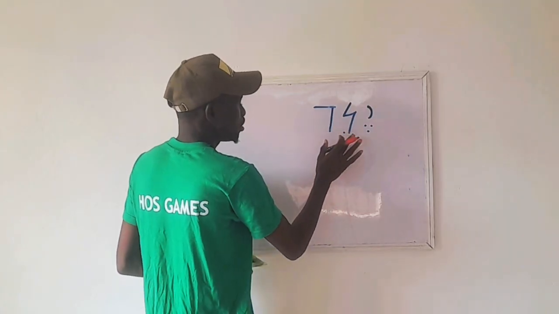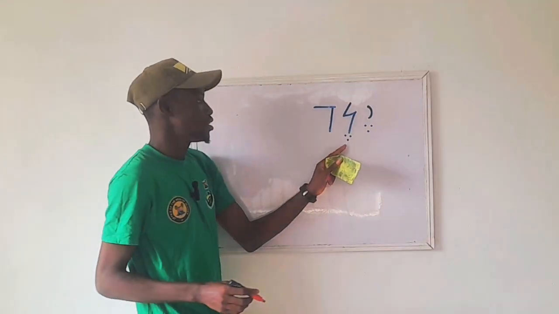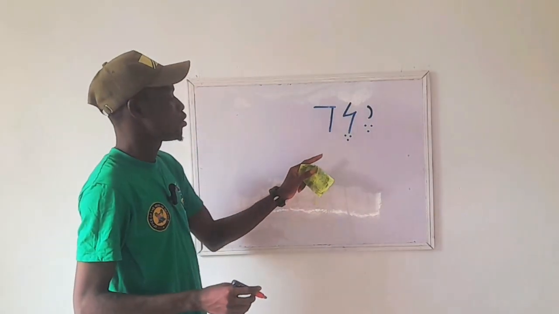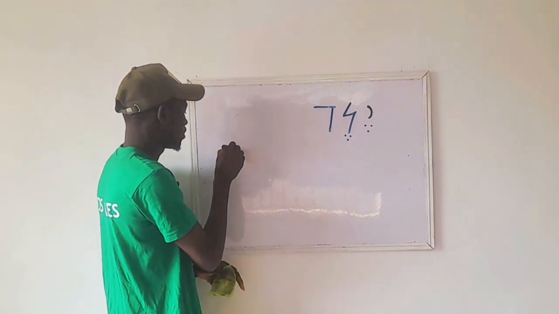Now, these 3 dots is the vowel called segol, and that's the vowel for short E.